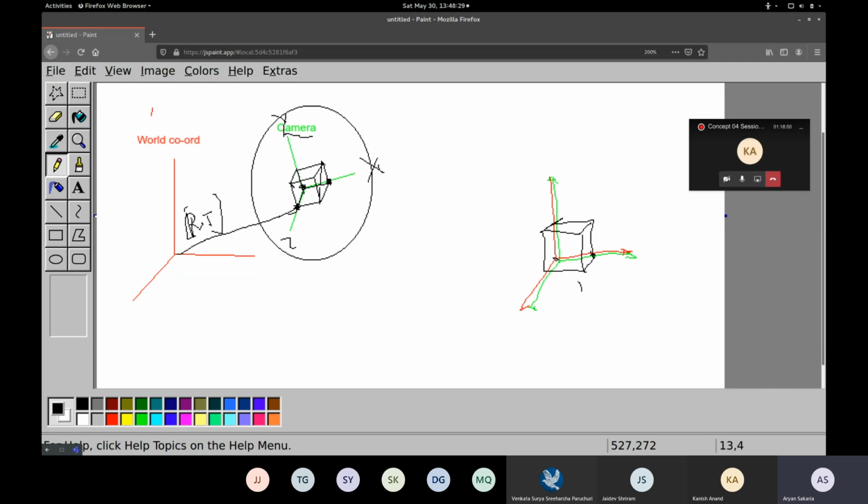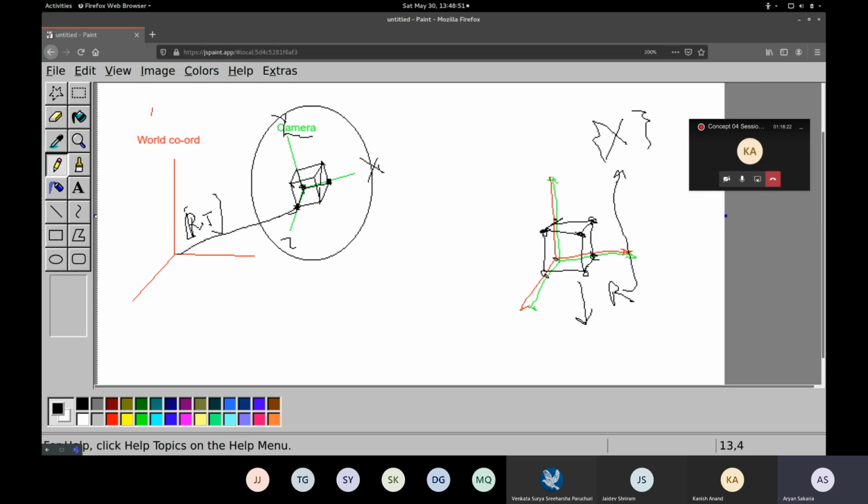Now I'm going to apply some rotation. All these points, let's call this collection of points X. I'm going to apply this rotation R, some arbitrary rotation R, on all these points X.